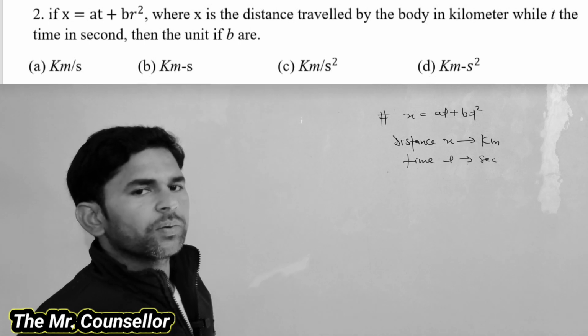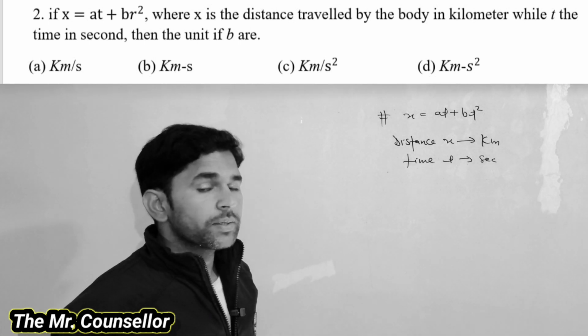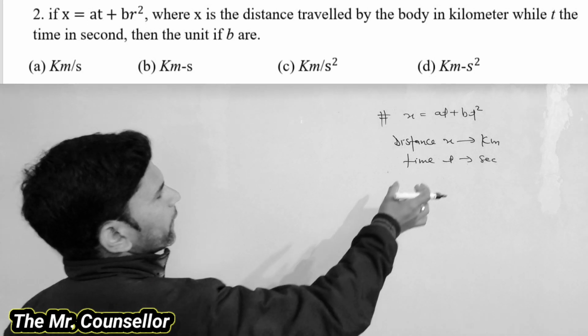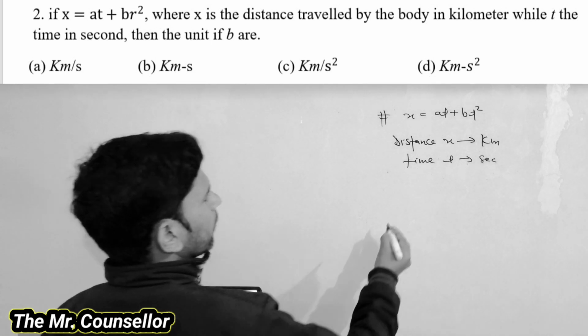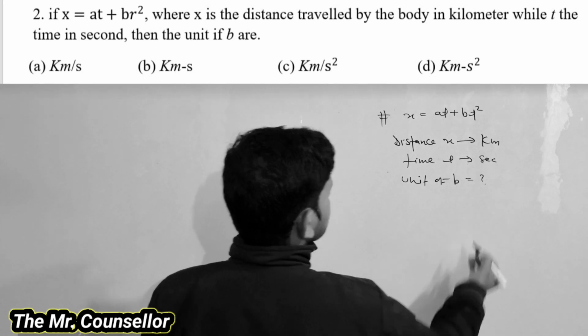They are asking which option is correct. As you did before, the same concept applies here. Whenever you face a situation like this, they are asking for the unit of B.